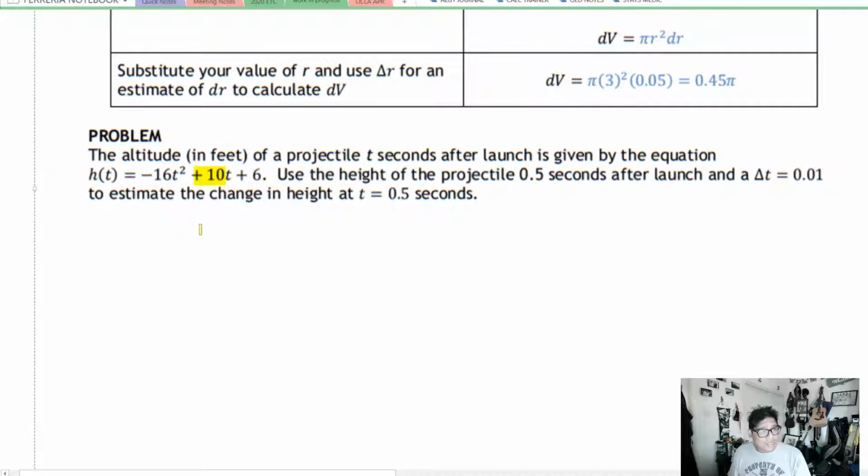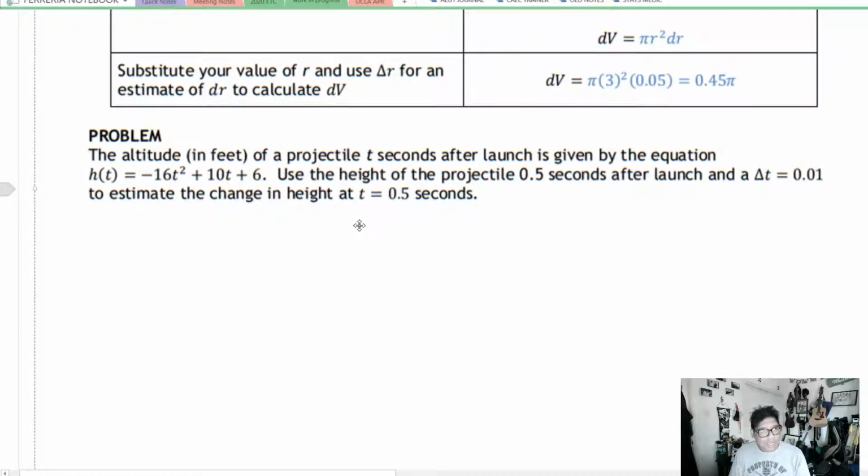Positive 10 means that our initial velocity is 10 in the upwards direction. And this is our initial position plus 6. That means that our starting altitude when t equals 0 is going to be 6. Use the height of the projectile 0.5 seconds after launch and delta t equals 0.01 to estimate the change in height at t equals 0.5 seconds.